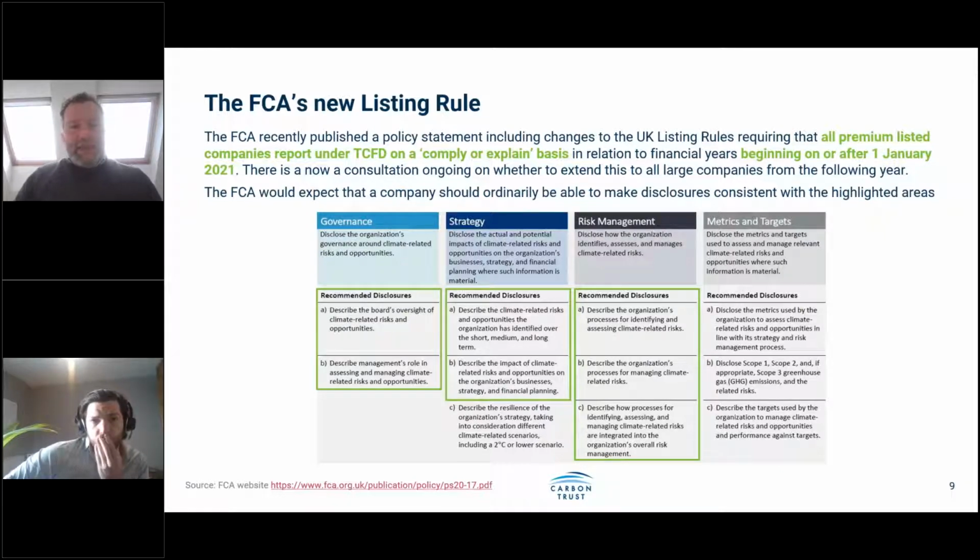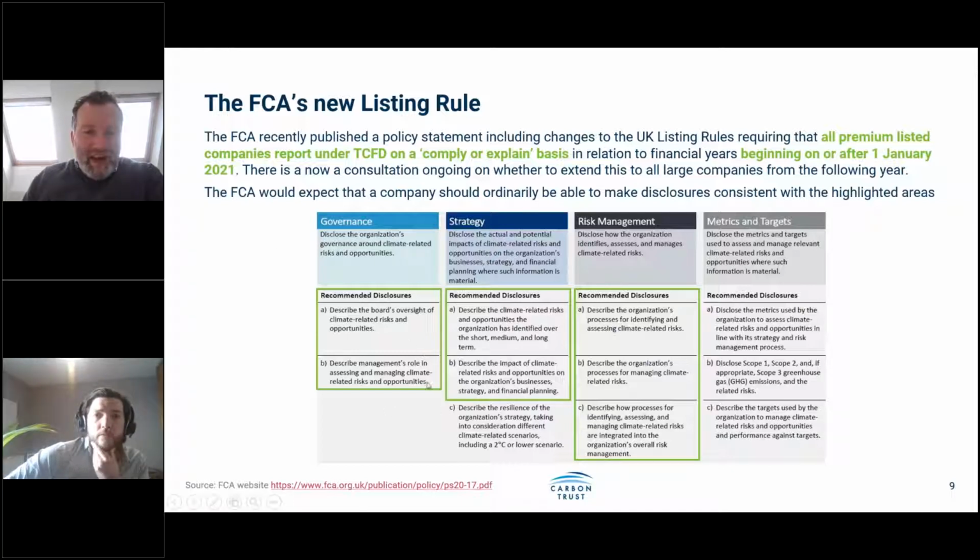As I say, it's been around since 2017. But as of December 2020, the FCA announced that beginning on or after the 1st of January 2021, all premium listed companies would need to report on a comply or explain basis using the TCFD framework.